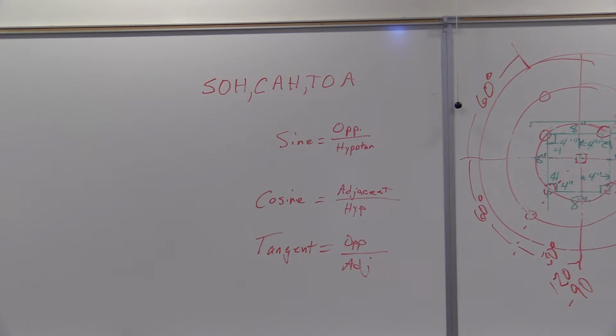So this is the ratio between the lengths of the adjacent side and the hypotenuse, in case of the cosine. Sine is the relationship between the opposite and the hypotenuse. And tangent is the relationship between the opposite and the adjacent. Okay?